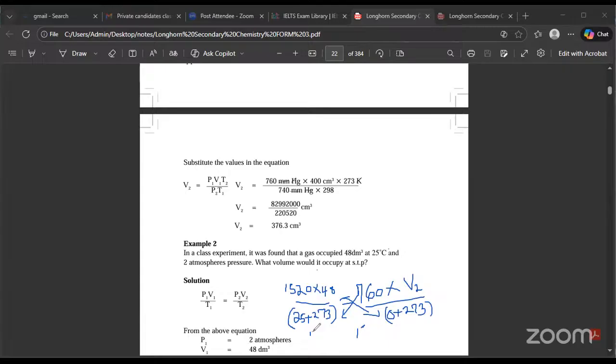So we have 1520, and then I multiply by 48, and then you multiply again by 273. Or we can say it is equivalent to 760, and then you multiply by V2, and then you also multiply by 298.